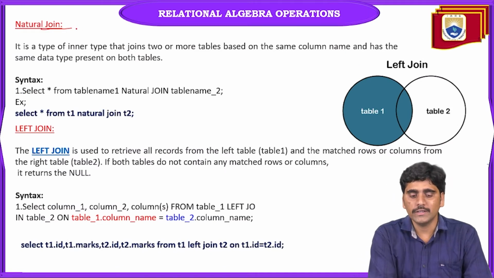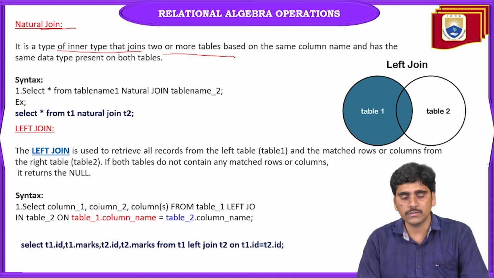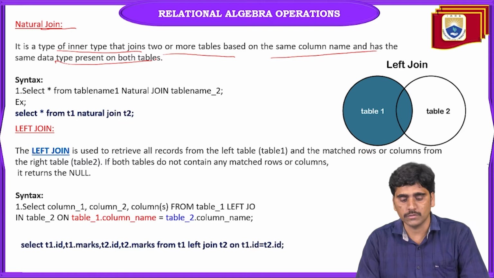Next, the second one, natural join. Natural join is a type of inner join that joins two or more tables based on the same column name with the same data type present on both tables.